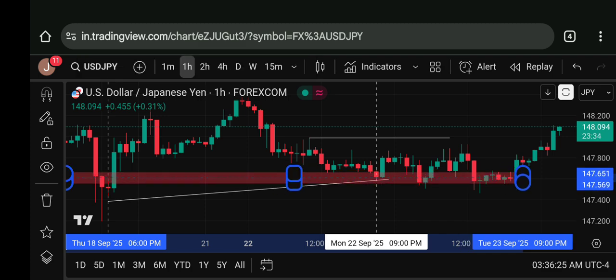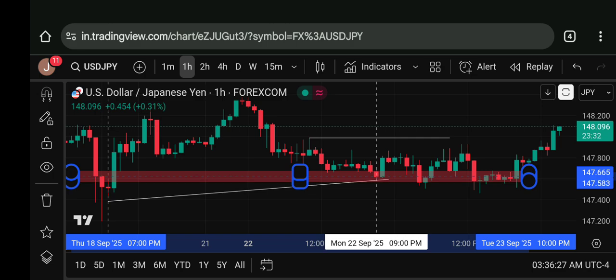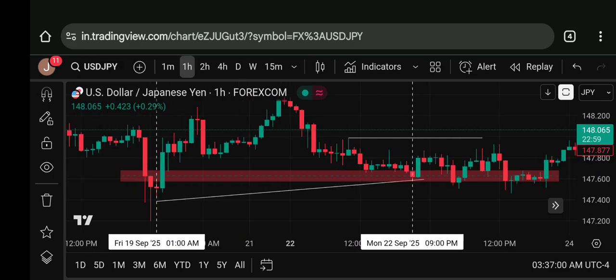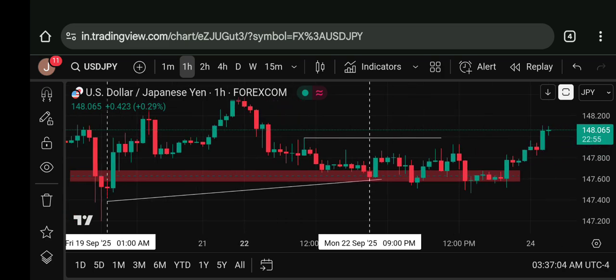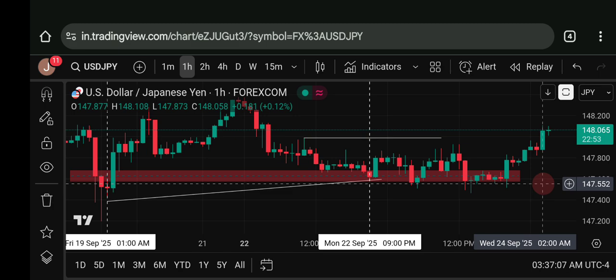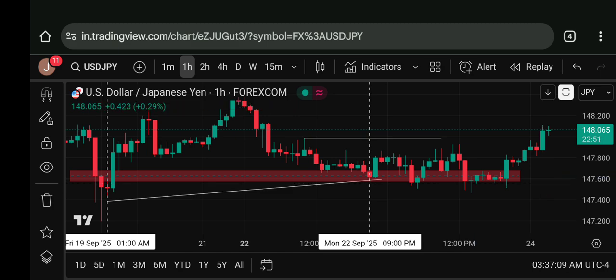You can see how perfectly this fair value gap was respected here. You can see how bodies are closed without going further lower.